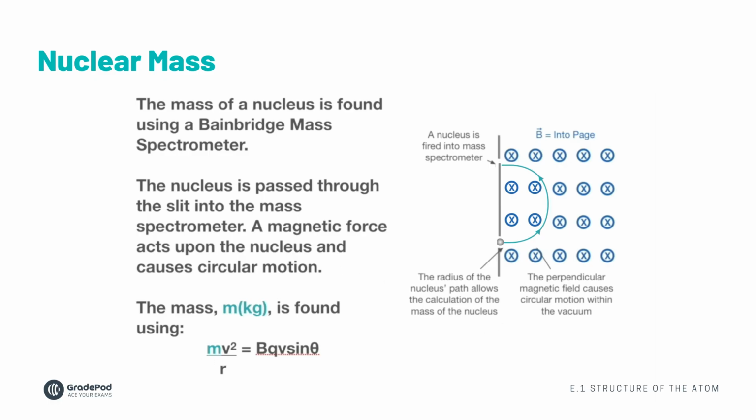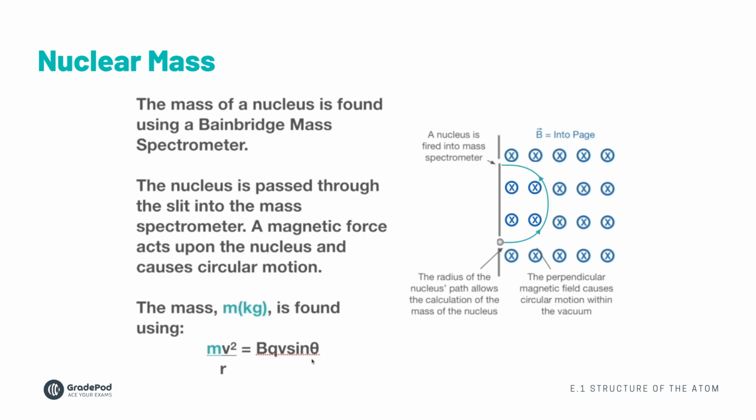So we can use this circular motion to find out the mass of the nucleus, because what we've done is equated the centripetal force to the force that the magnetic field provides. So mv squared over r equals Bqv sine theta. Sine theta is equal to 1 because theta is 90, it comes in at right angles.